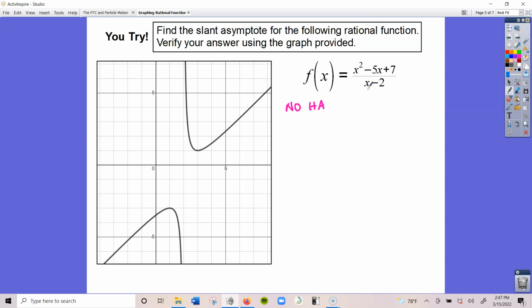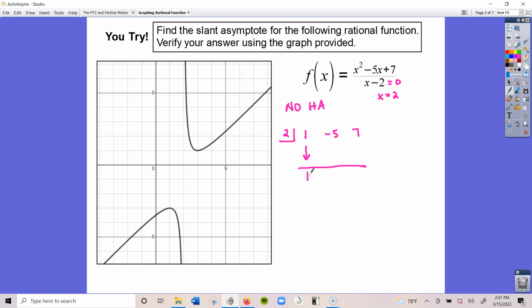So I can find the equation of that slant by setting the denominator equal to 0, and I get that x is equal to 2. So that's what I'm going to put in my box. And in the numerator, going across here, we're going to put all of the coefficients of the numerator. So that'll be 1, -5, and 7.